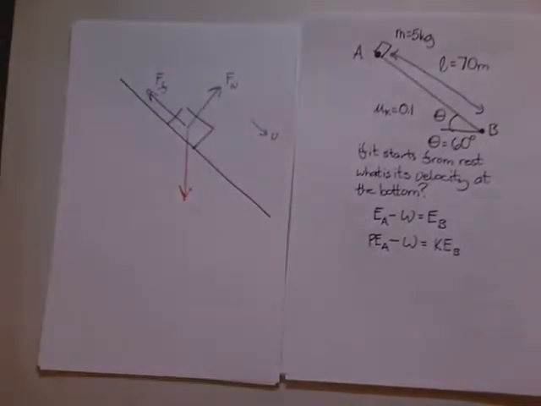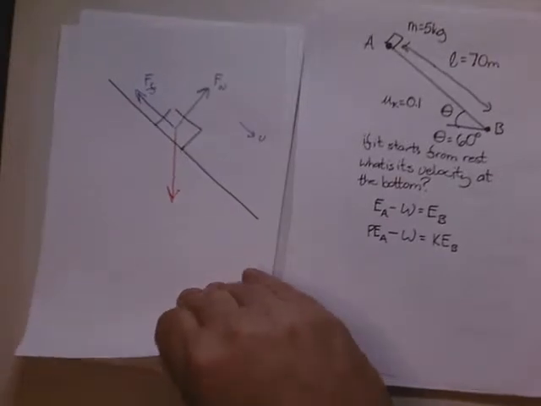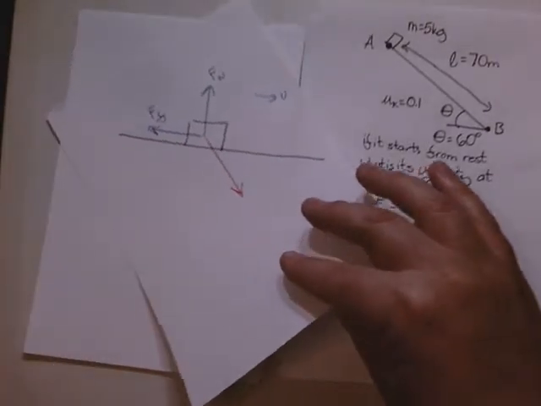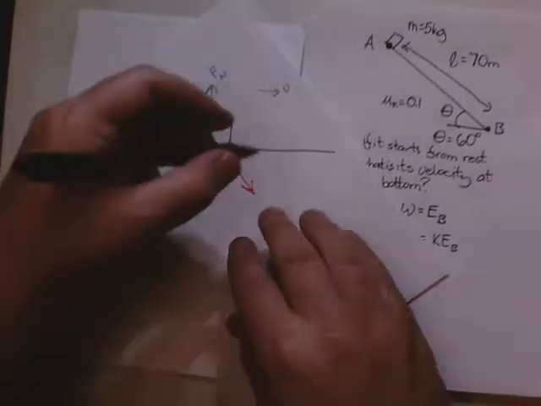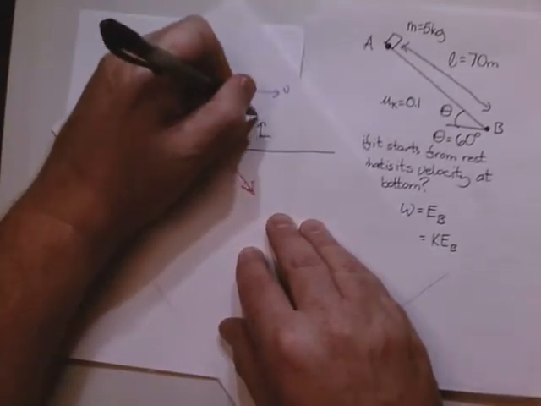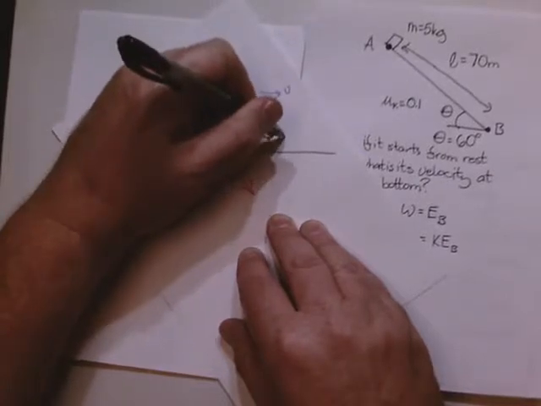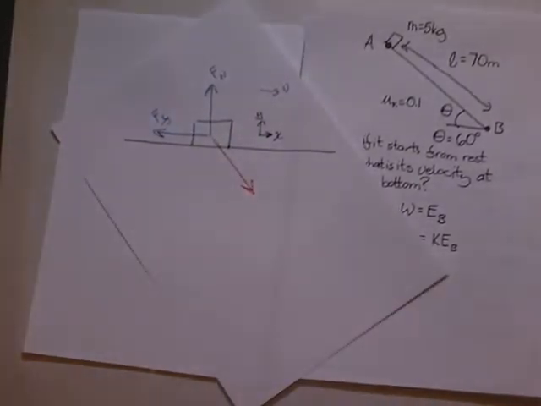What I'm going to do is break apart the force of gravity into its components. And what I'm effectively doing is rotating the frame of reference, so now everything is either vertical or horizontal along with the plane of the slope.